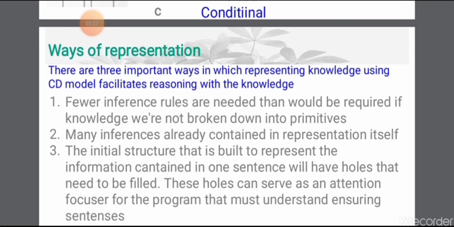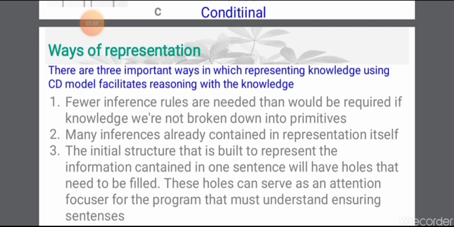So what does it mean? If your sentence is already written and there are some flaws in that sentence, not grammatically but for building your knowledge, these flaws are called holes, and these holes can serve as an attention focuser for the program that must understand the incoming sentences.